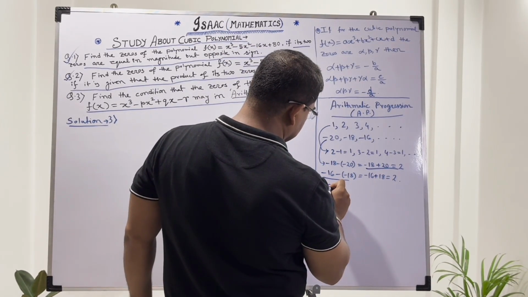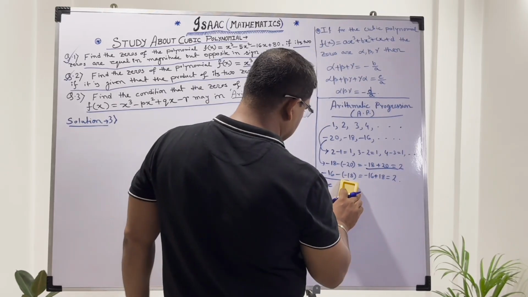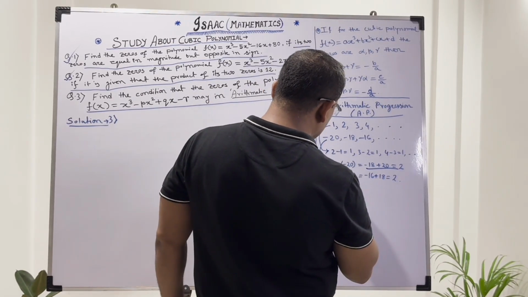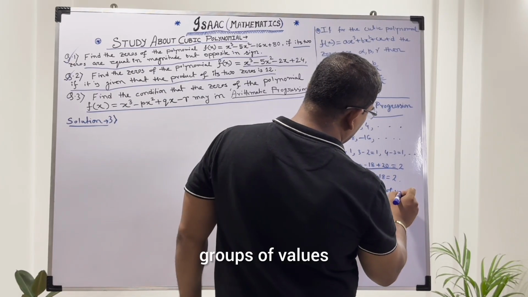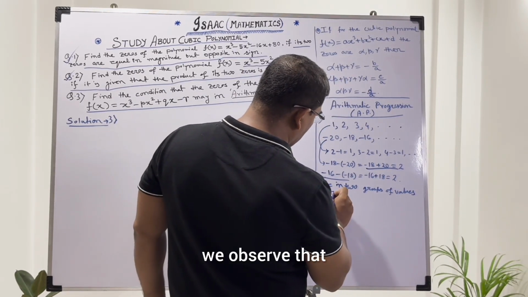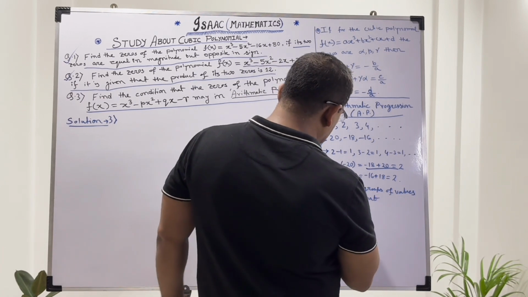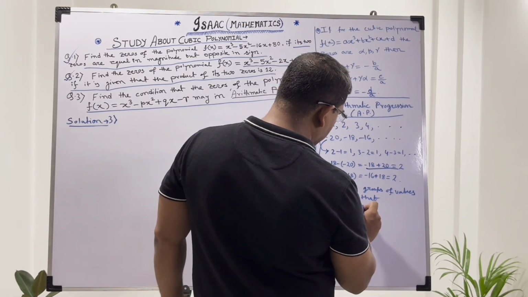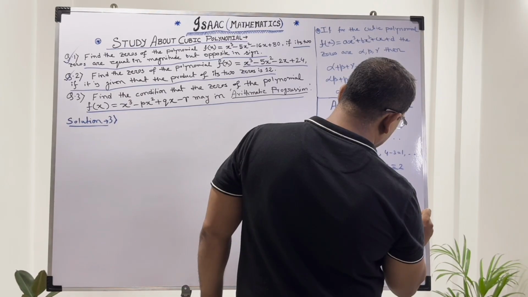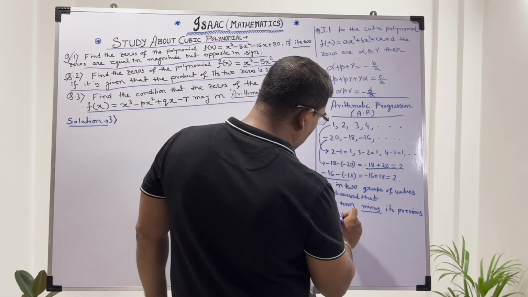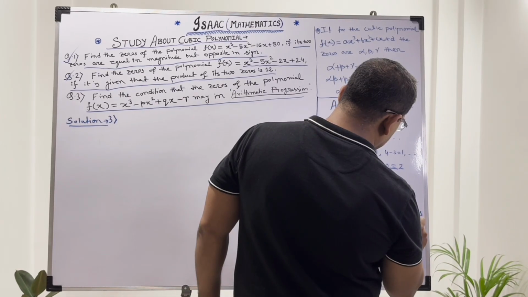So here, in these two groups of values, we observe that any term minus its previous term always gives a fixed value.